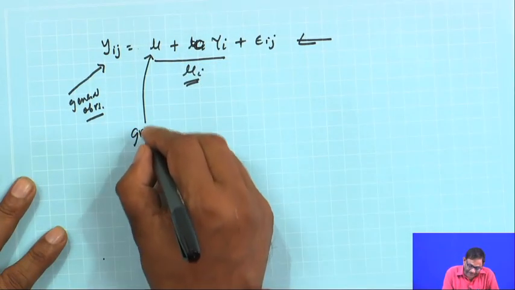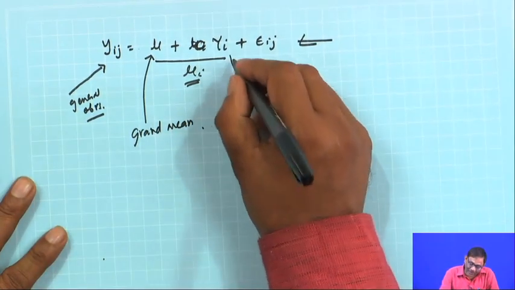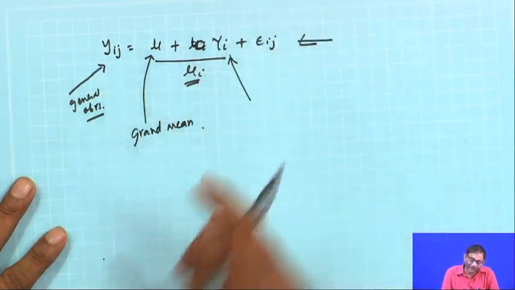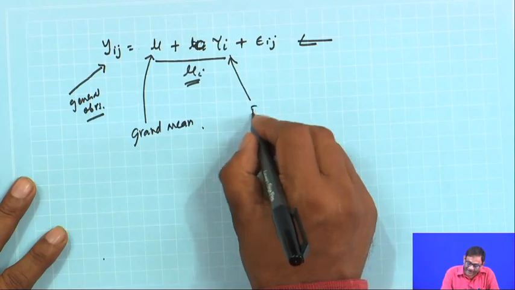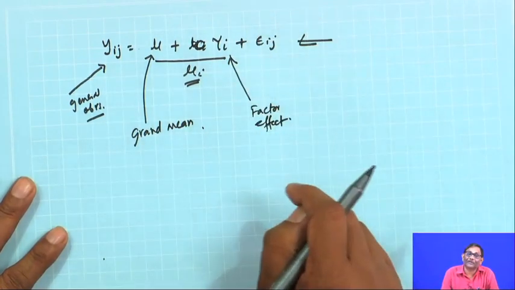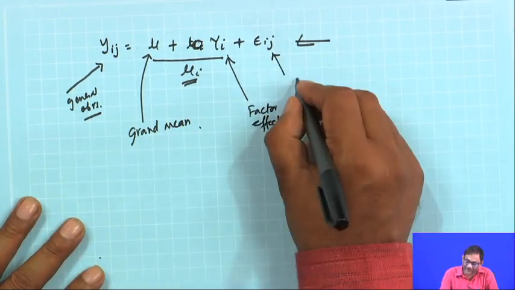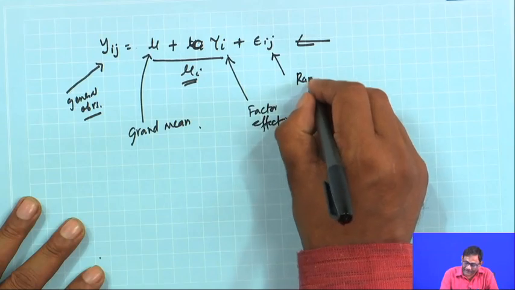Then what is this mu? This is known as the grand mean. What is this tau i? Because you have one factor, tau i is the factor effect, otherwise we can say the treatment effect. What is this portion? This is the random error part.